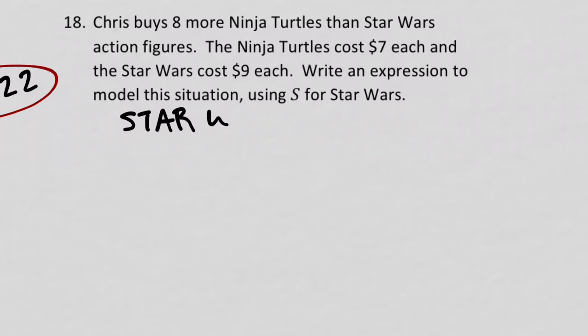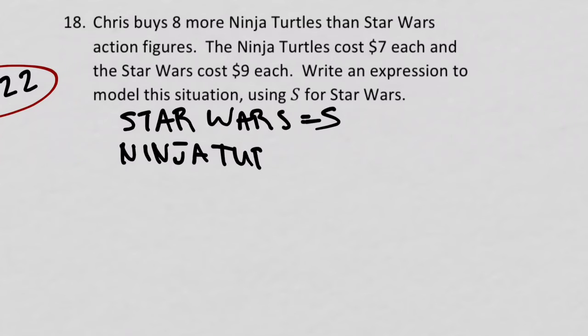So Star Wars is S. So Ninja Turtles is what? We're not going to use N or T. We want to use S again. So by comparing them, I can figure out what Ninja Turtles is. Okay. So if Star Wars is S, it says Chris buys 8 more Ninja Turtles than Star Wars action figures.